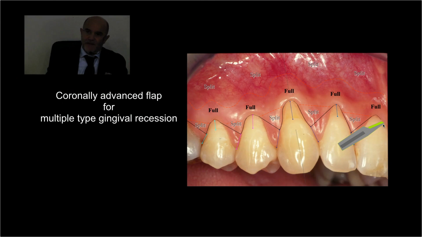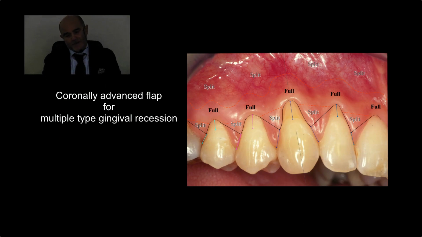And the same has to be done at the level of the molar. You have to overcome split thickness the area of the furcation area, and make the flap free even more distal, even more apical, in order to make the papilla between the 5 and 6 rotate and cover the anatomic disepithelialized papilla.